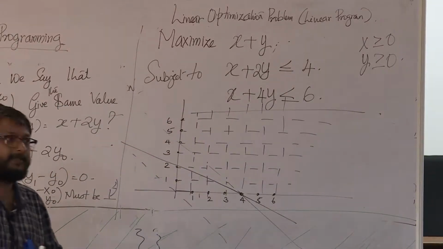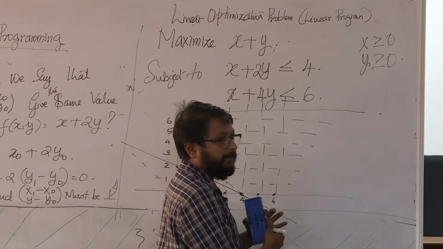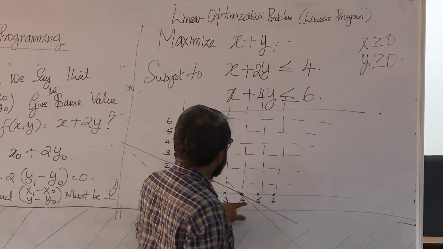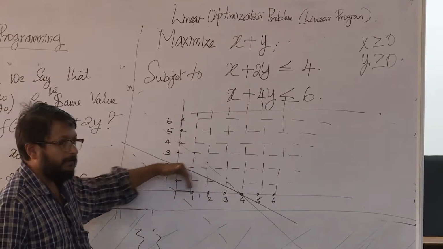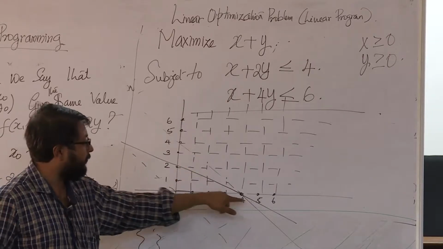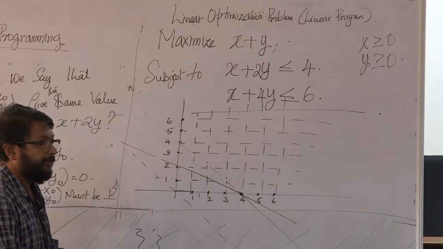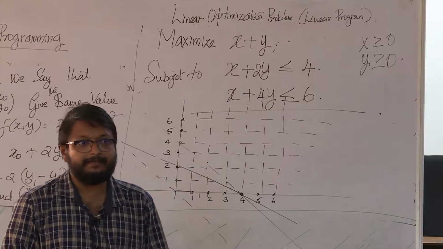So the feasible region, this inequality says that you should be looking for a solution. Now, x greater than 0, y greater than 0 is already there. That means you should be looking for a solution which is below this line. Is this very clear?